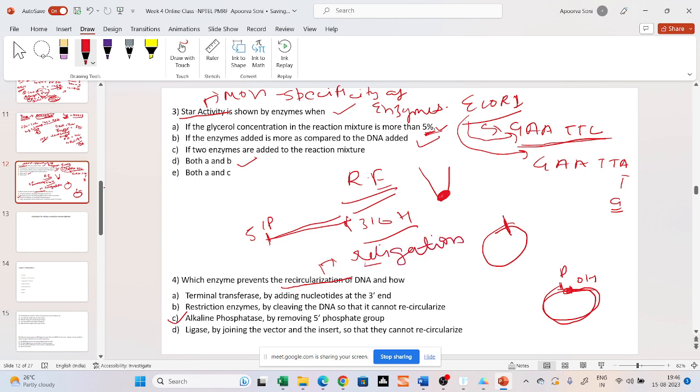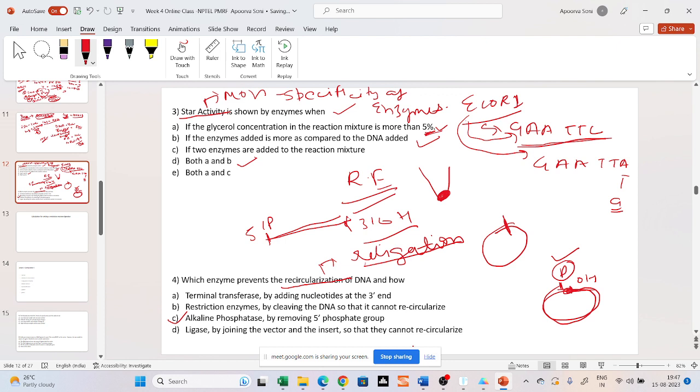There is a possibility that this vector can religate because there is one P and one OH. So what people do is treat their vector with alkaline phosphatase. Alkaline phosphatase removes the 5 prime phosphate group. Once this is removed, there is nothing here, so the vector is not able to religate or recircularize itself.